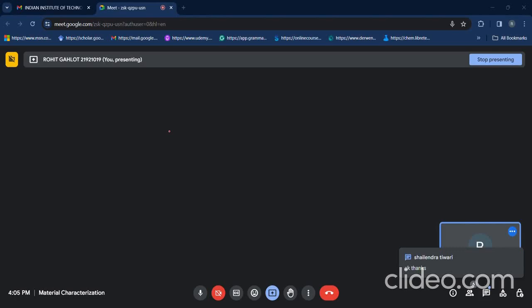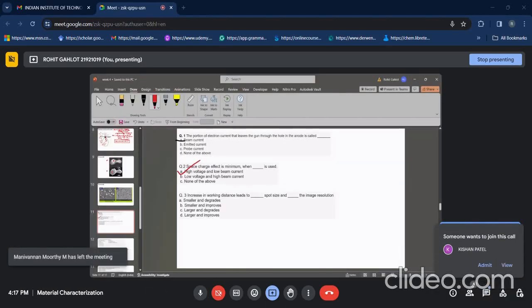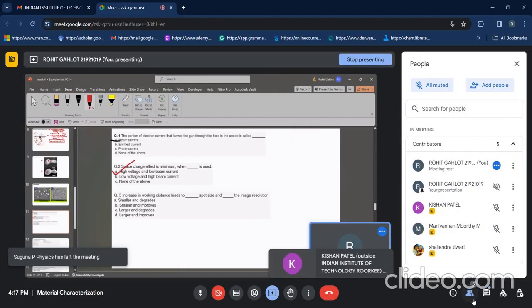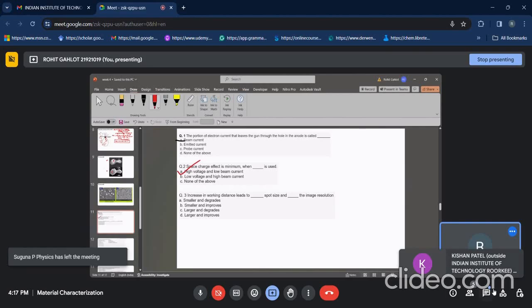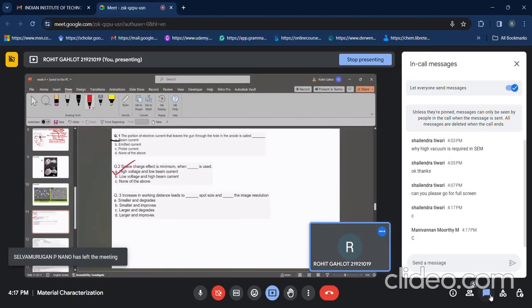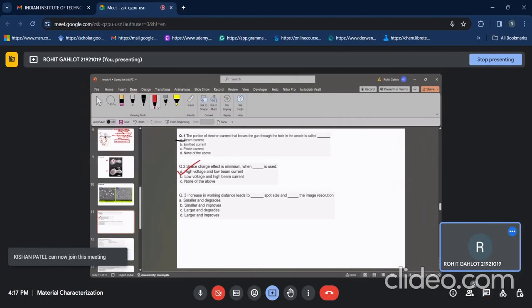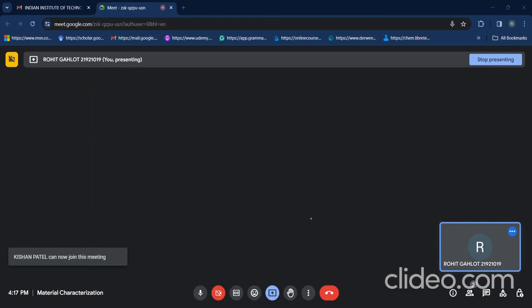So I think it has also been covered. So the increase in your working distance leads to a larger spot size, and it degrades the image resolution.